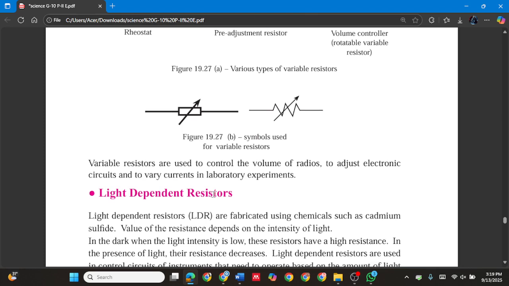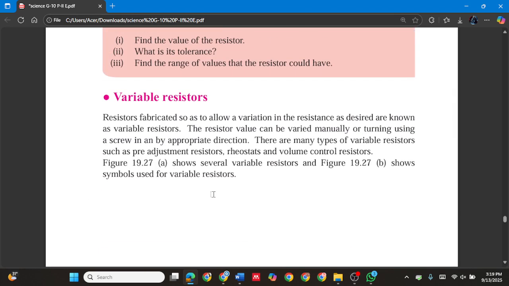Variable resistors. Resistors fabricated so as to allow a variation in the resistance as desired are known as variable resistors.